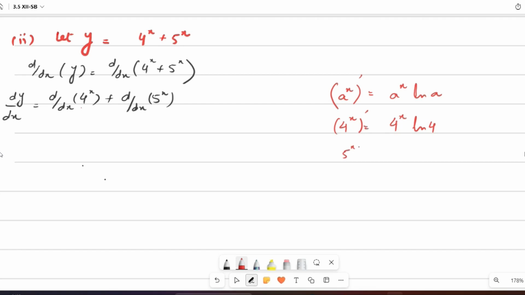Same, the derivative of 5 raised to the power x is equal to 5 raised to the power x ln 5. So the answer is 4 raised to the power x ln 4 plus 5 raised to the power x ln 5.